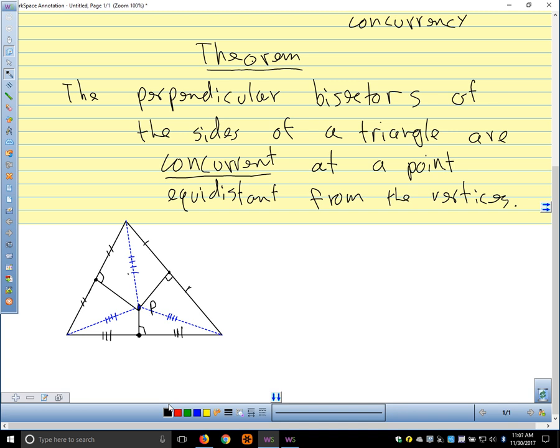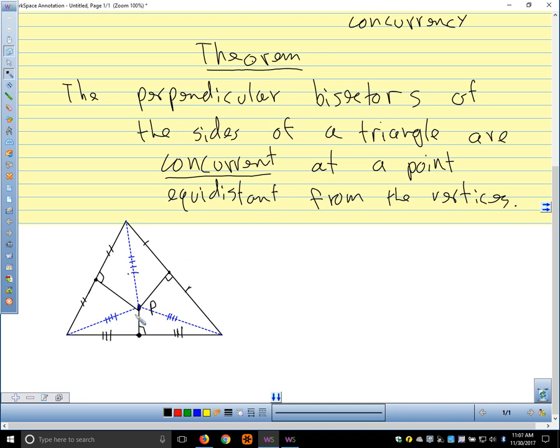And since all of those dotted lines are the same length, if we took a compass and put the point where the perpendicular bisectors meet, to a vertex, and swung it around, it would touch each vertex. What we would get is a circle that fits exactly around the triangle.